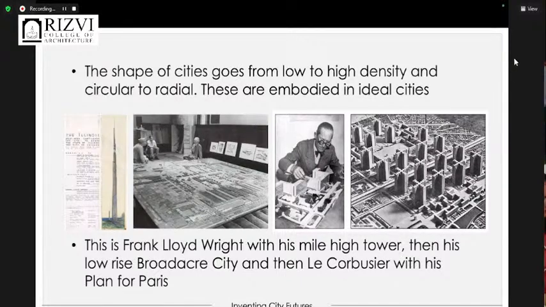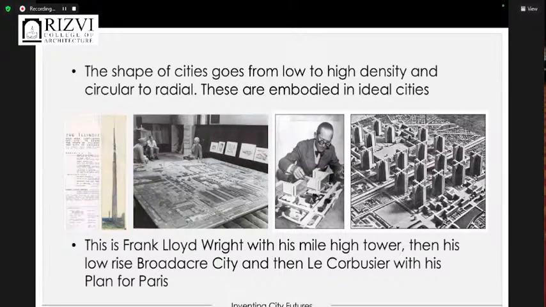On the immediate left, you can see a tall spire. This is Frank Lloyd Wright's mile-high town called the Illinois Building, which he proposed in 1957, I think. And that's a picture of Frank Lloyd Wright and his other great scheme for the future city, which is the highly decentralized Broadacre City, a city of suburbs, a city of very low density.